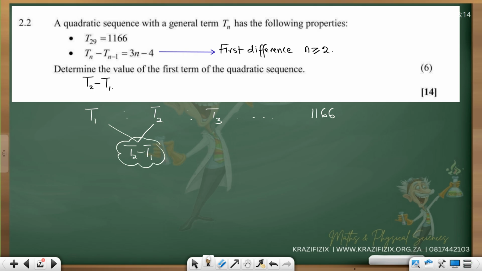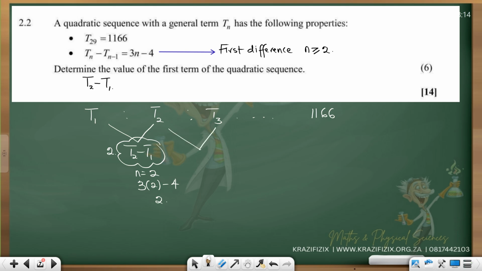So how do you get this term? You would say n is equal to 2. So what do we have? 3 into 2 minus 4. What would that give us? 2. Make sense? So it means this term here is 2.